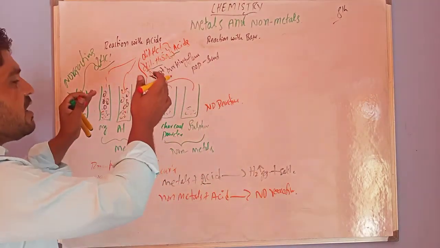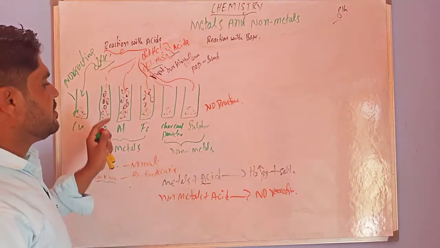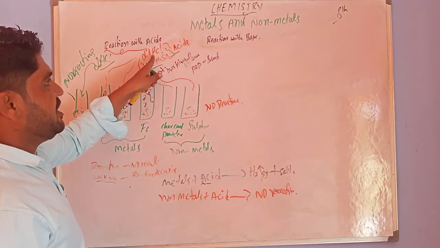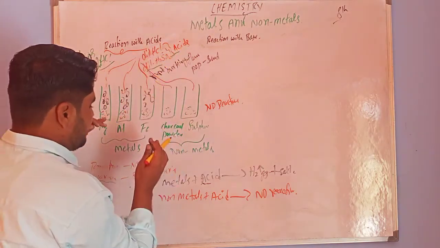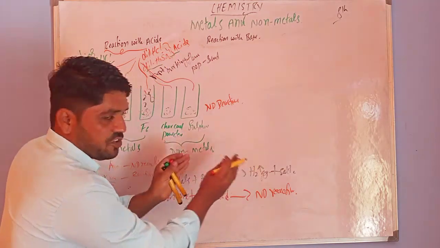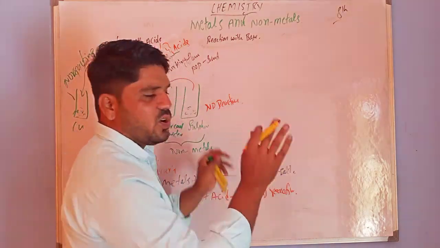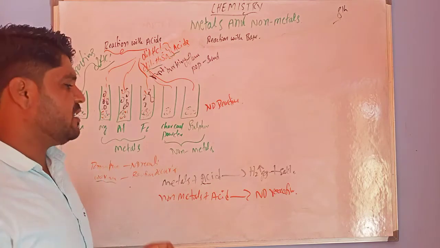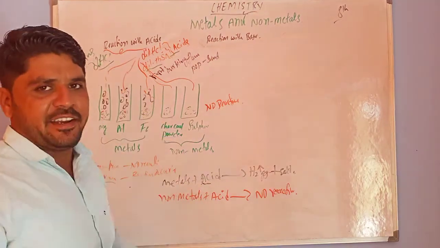This is the concept of reaction with acids. Dilute HCl and H2SO4 are the acids. When acids react with metals, they produce hydrogen gas. When these acids are mixed with non-metals, there is no reaction. They are simply physical mixtures. They are not chemically combined.